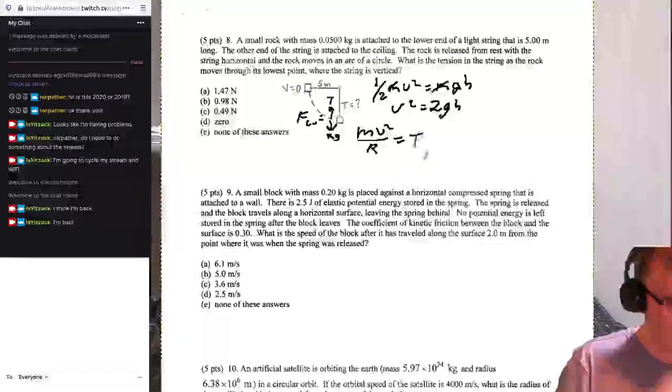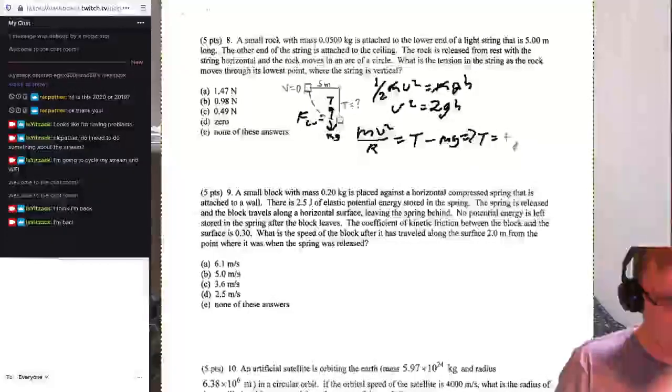That is equal to T minus mg. Therefore, T is equal to m v², 2gh, on r, which is h itself, h, plus g.